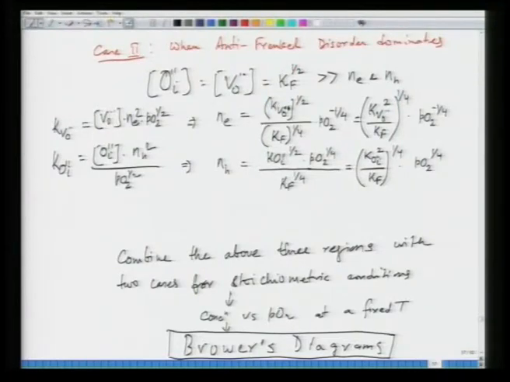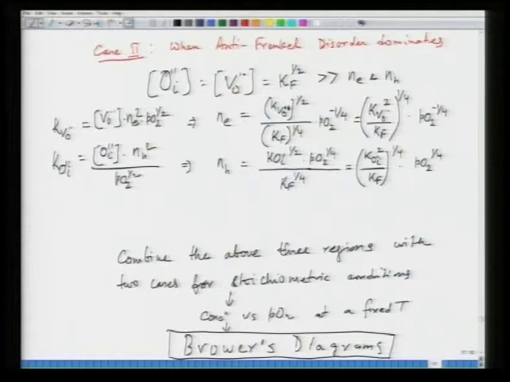Because VO and OI are now fixed as Kf to the power half, you replace these as values of VO and OI in the expressions shown below, and then you can work out the concentration of electrons and holes, which goes as P to the minus 1 by 4 or plus 1 by 4.